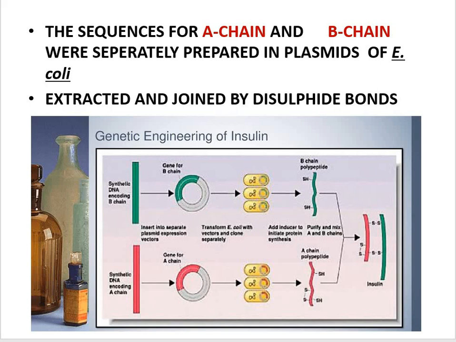And today, whatever insulin is available in the market is majorly produced by using the above method.